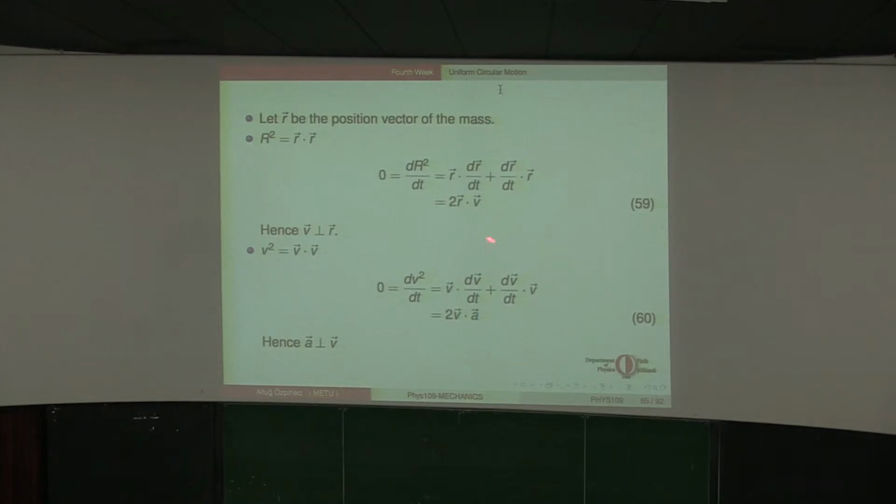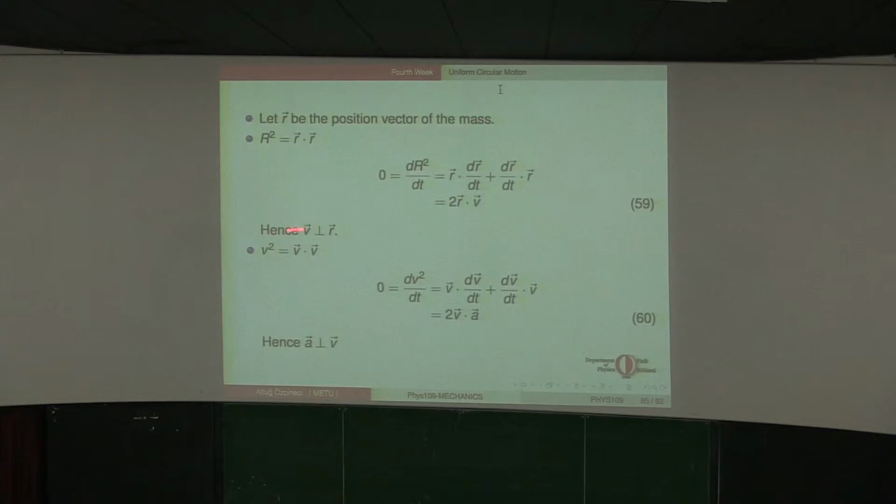So this already proves that the scalar product of the position vector of my object relative to the center of the circle with the velocity vector is 0. If you remember the definition of the scalar product, this proves that the velocity vector is perpendicular to the radius vector.